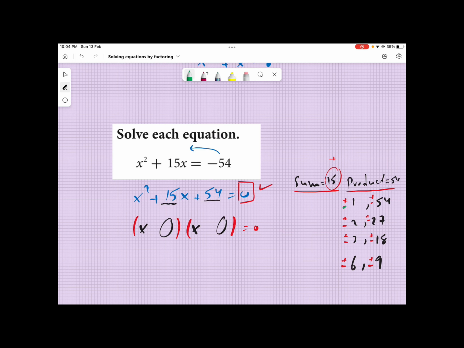So we're gonna take positives only. I'm gonna add the 2 numbers to see what I get. 1 plus 54 is 55. 2 plus 27 is 29. 3 plus 18 is 21. 6 plus 9 is 15.